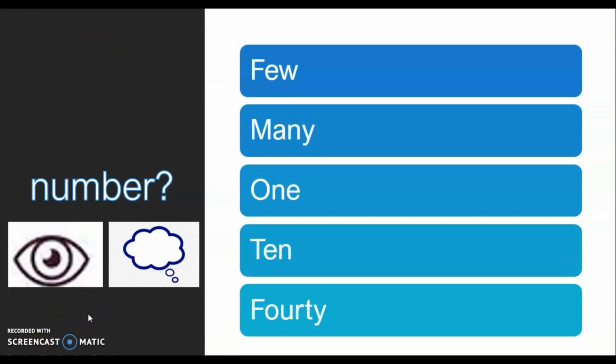And then we also have number. Funny enough, number or quantity, or how much of something, is also a type of adjective. That's something you could see, but that's also something that you might think of differently than someone else. An example of what you might think of differently in terms of number is few or many, because what's few to some people might look like a lot to someone else, right?